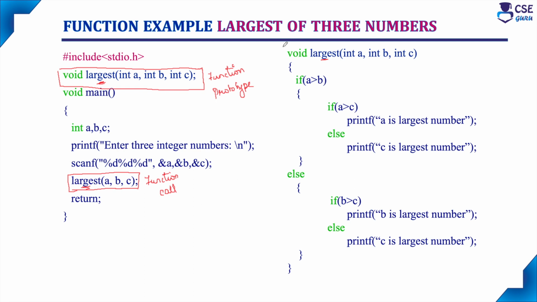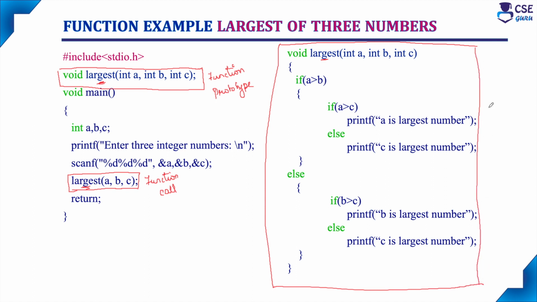Okay. This is the function call. And this whole thing, if you are considering, is nothing but the function definition. Okay. This whole thing is the function definition. And this is the complete user-defined function.